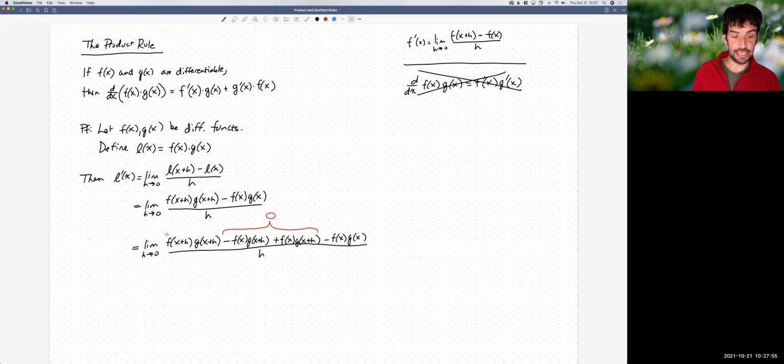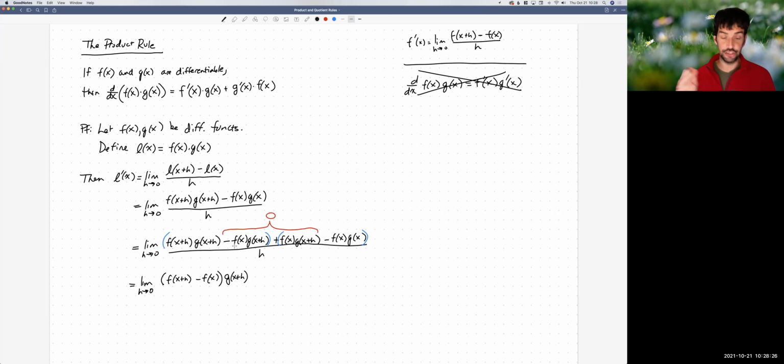Now I'm going to imagine grouping these first 2 terms together and these last 2 terms together. And in each of these groups, I'm going to do a little bit of manipulation in the form of factoring. So in this first group, I'm going to factor out the g of x plus h. So what'll be left is f of x plus h minus f of x, times g of x plus h, right?